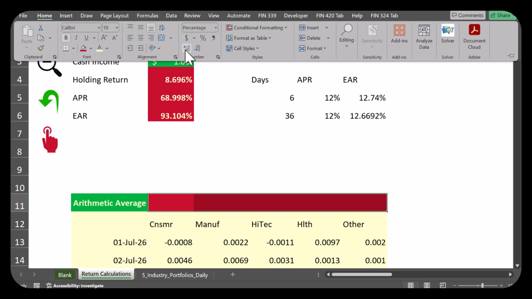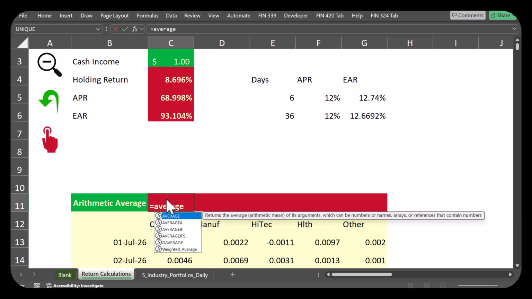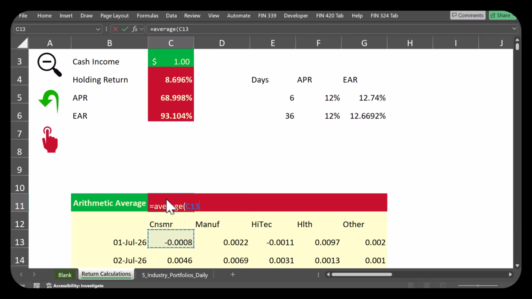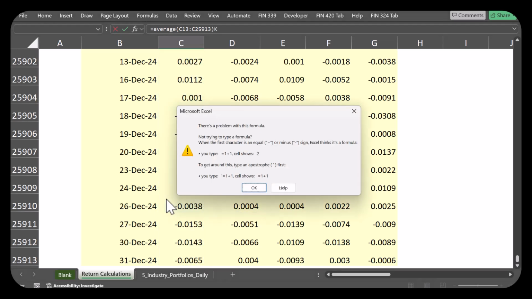Do you guys know the function for the arithmetic average? No, it's simple, average. Just select the range. What did I do? Oh, there's no K there.